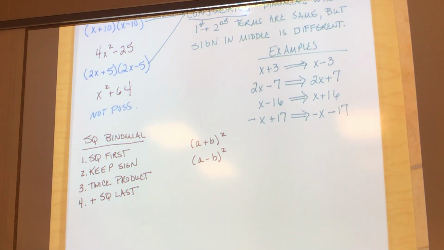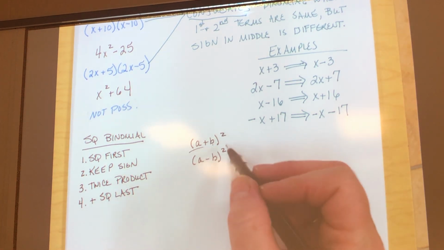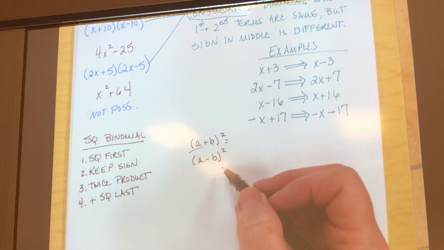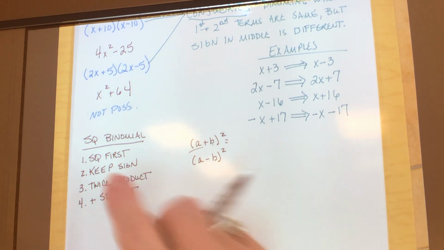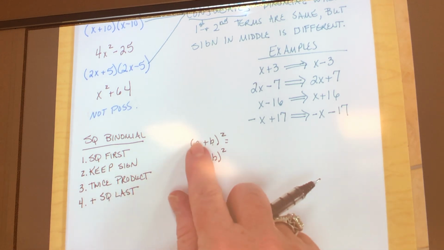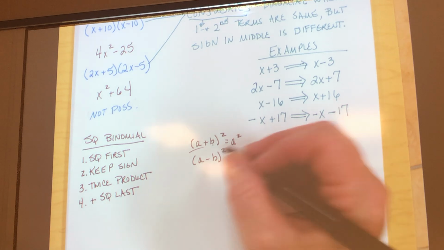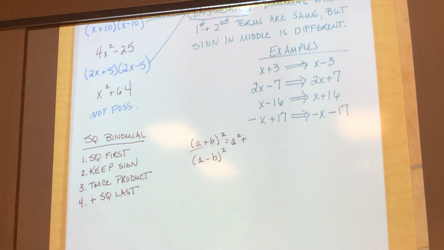So let's see if we can work one. Let's do this one right here. I'm going to call out the rules and you're going to tell me what the answer is. So here are the rules. Square the first. A squared. Keep the sign. Plus. Twice their product.